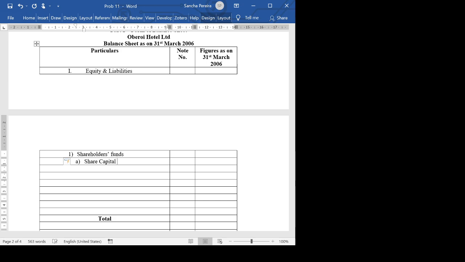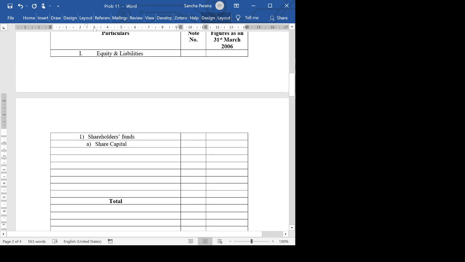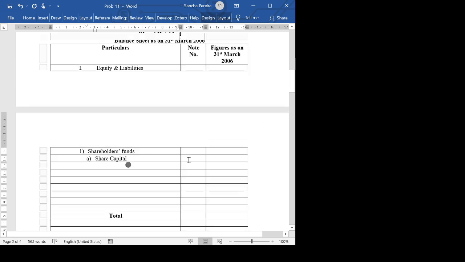We've already calculated the share capital, which is 4 lakhs. This would be note 1. Share capital is 4 lakhs.